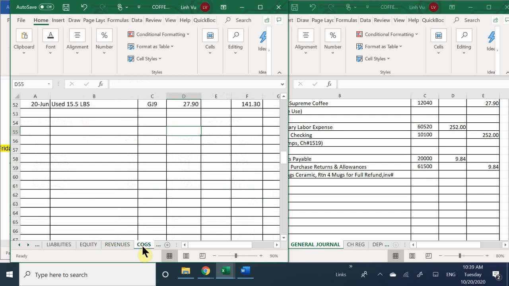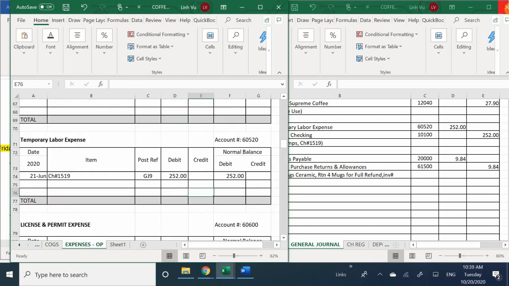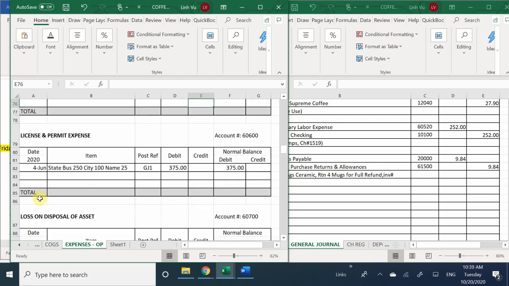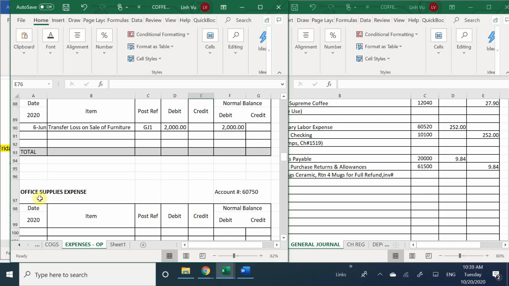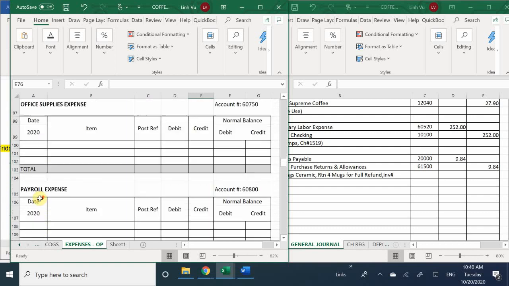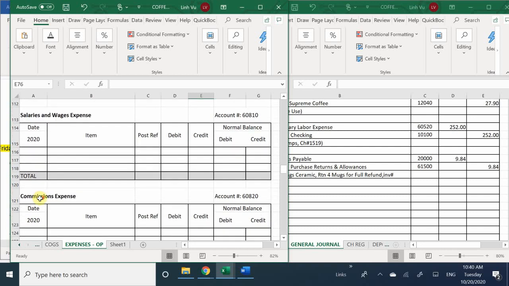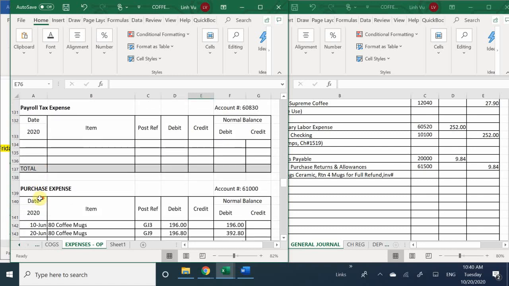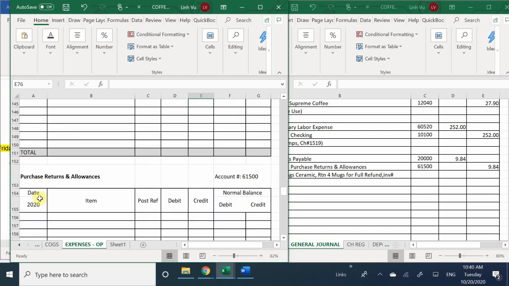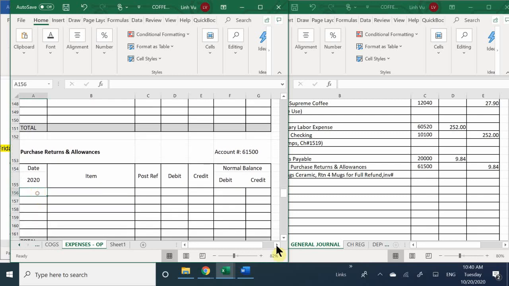So now we're going to go to our operating expenses because now we're dealing with purchase returns and allowances. What kind of account is purchase returns and allowances? Contra account. Okay, so that's why it has a credit balance, because it's a contra account to purchase expense. Purchase expense are normally debited.